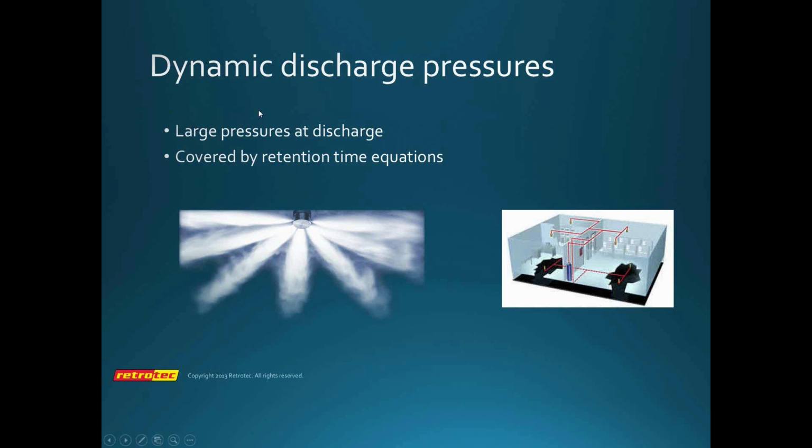There can be dynamic discharge pressures as a result of the velocity of the agent coming out of the nozzles, and in some cases hitting ceiling tiles and displacing them and so on. But there's also a pressure buildup there which can displace ceiling tiles and do damage due to the pressure impulse. So we've got both things going on in here.